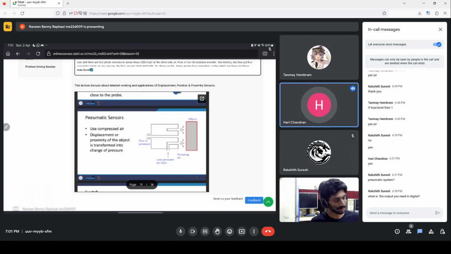Okay, so it will measure pressure, converted to resistance. Then we need to convert it to digital to record the pressure value.